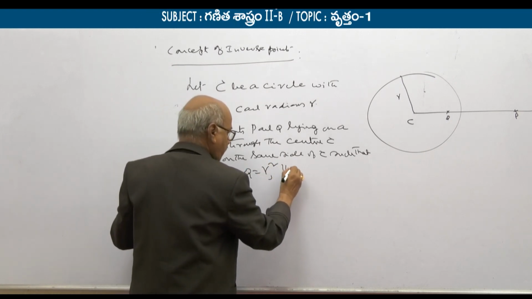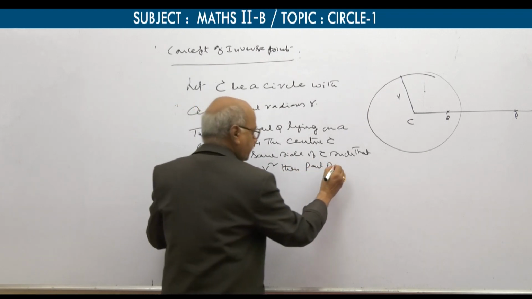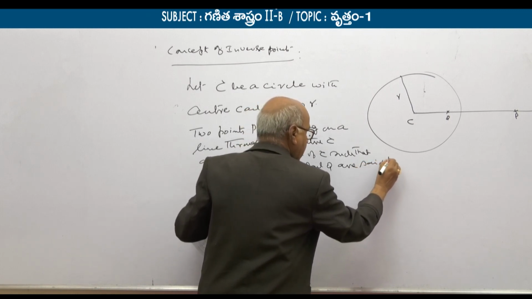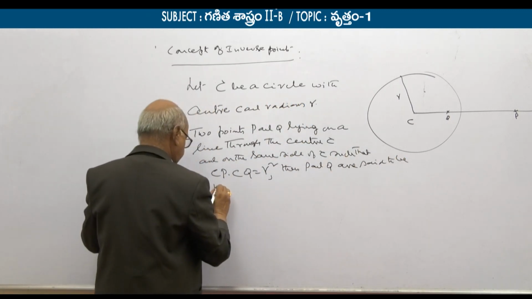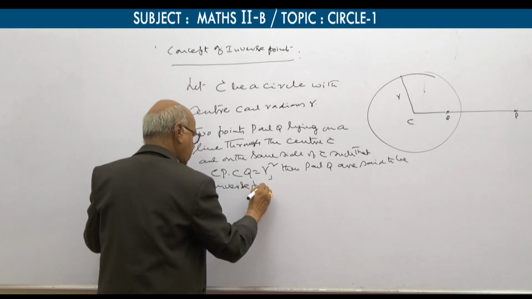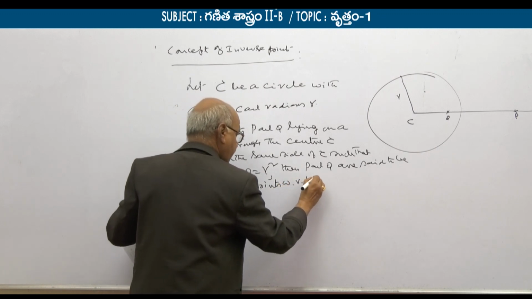Then P and Q are said to be inverse points with respect to the circle.